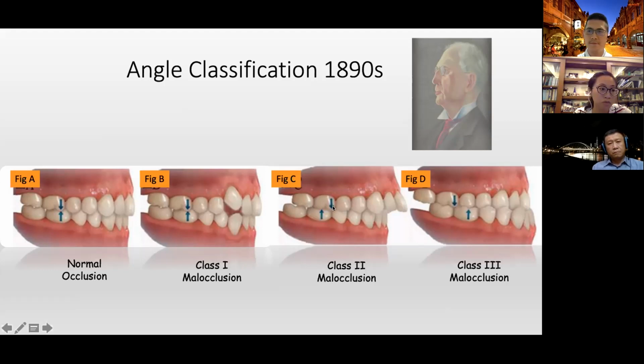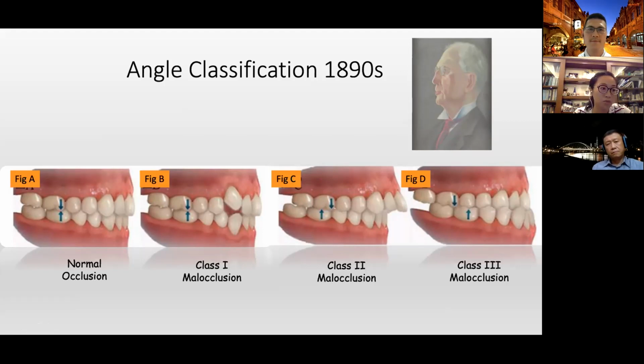Class 2 is when the mesiobuccal cusp of the upper first molar occludes more than 2 millimeters mesial of the buccal groove of the lower first molar. Class 3 is when the mesiobuccal cusp of the upper molar occludes more than 2 millimeters distal of the buccal groove of the lower first molar.